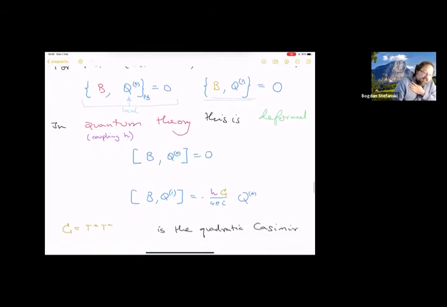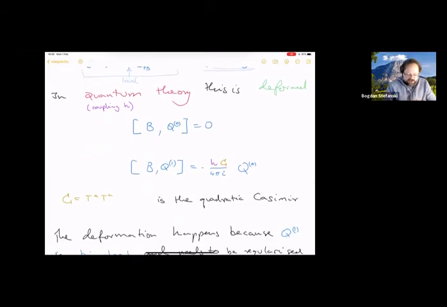What's much more interesting is what happens in the quantum theory. In the quantum theory, you can show that the boost commutes with the local charges, but there's this really intriguing relationship: the commutator of the first non-local charge with the boost gives you back the local charge.